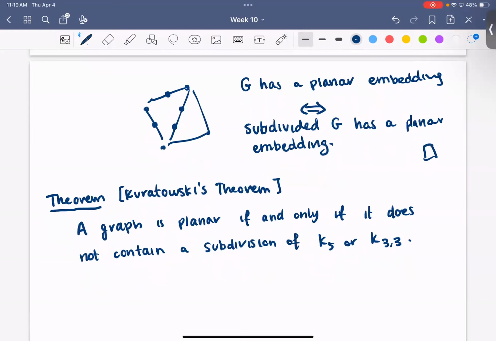Okay, so the proof of this is extremely long and complicated, and it also requires some additional technology that has nothing to do with graph theory. So what I've tried to do is break this down into statements that are at least believable.